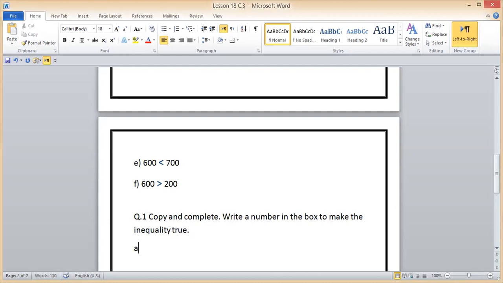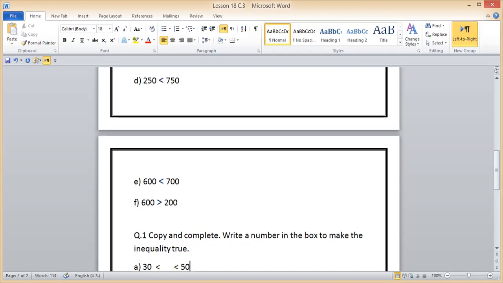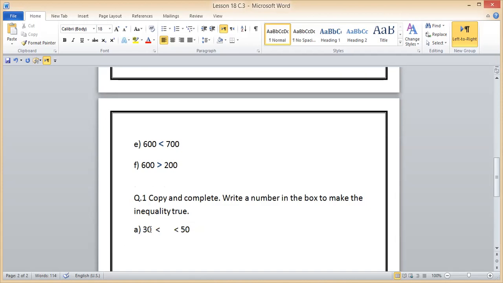Then you have to write A. A is 30 is less than that number. That number is greater than 30 and less than 50.